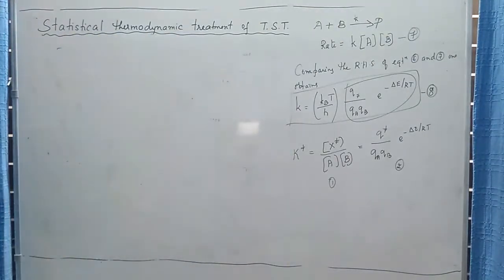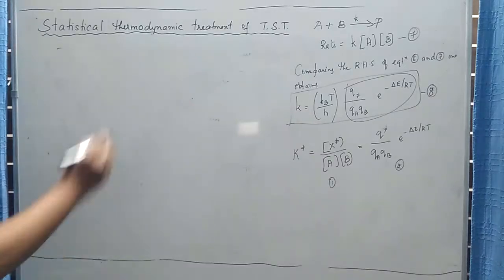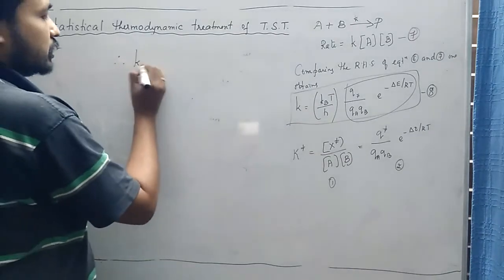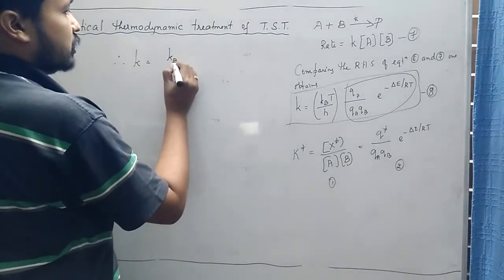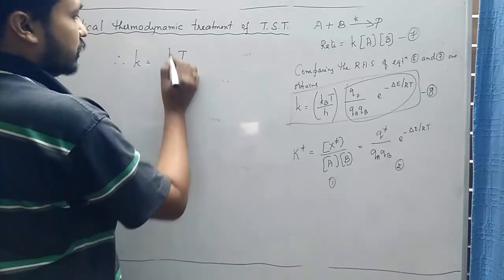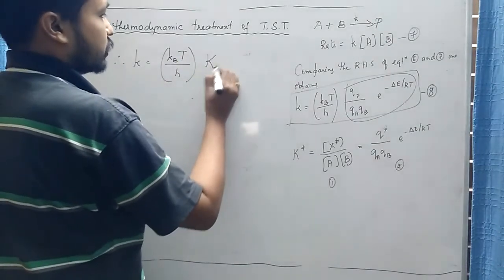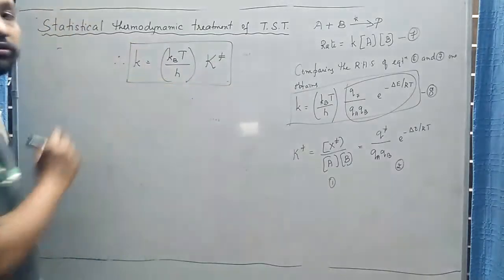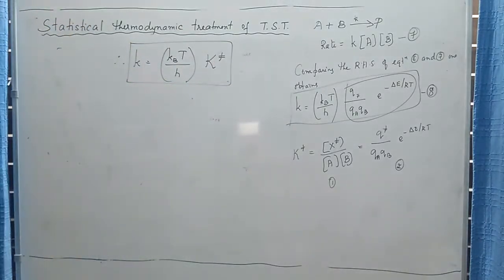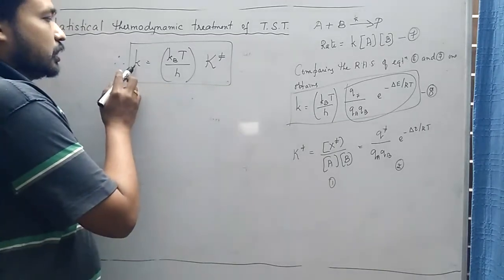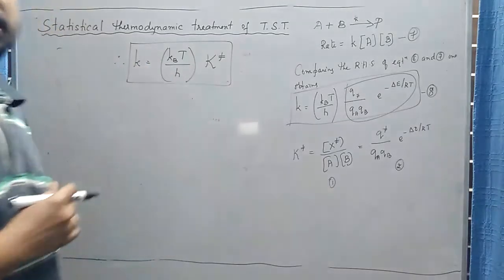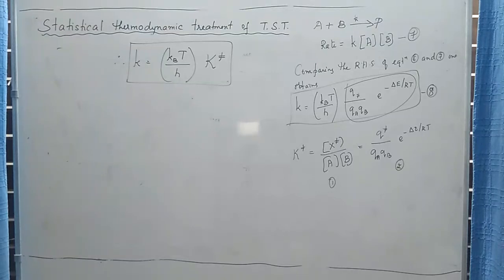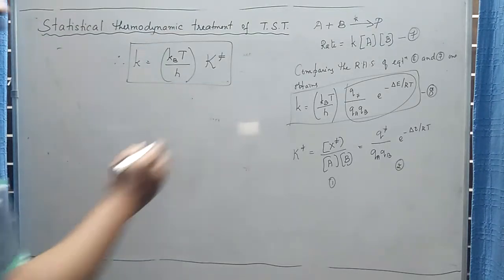K, the rate constant of the reaction, is equal to Kb into T divided by H into K dagger. So this is a well-known equation in transition state theory, which gives the relation between K, the rate constant of the reaction, and K dagger, the equilibrium constant for the formation of activated complex.